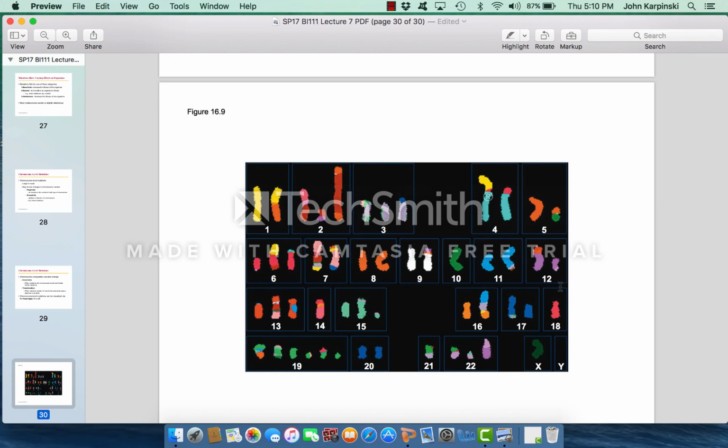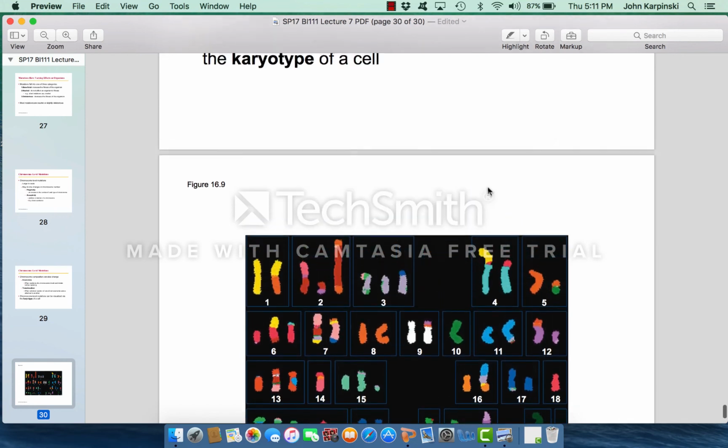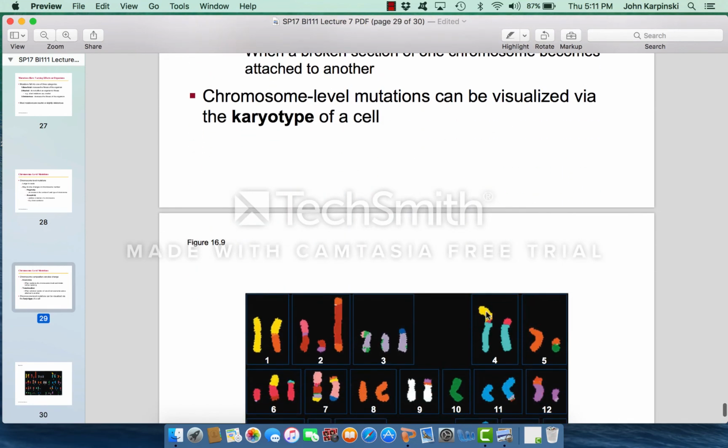For example, here at chromosome number 3, this individual has 3 chromosome number 3s, so that would be trisomy 3. I'm not exactly sure what kind of disorder that would lead to, but this illustrates that point. Here, for this pair of chromosome number 4, we see that this light blue was probably the original chromosome, but then we see bits of other chromosomes, so that would indicate perhaps some translocation or inversion.